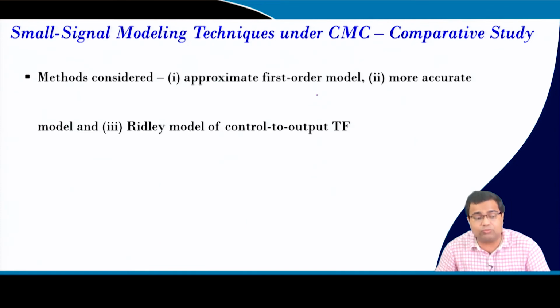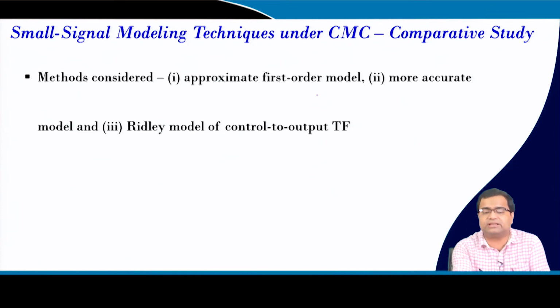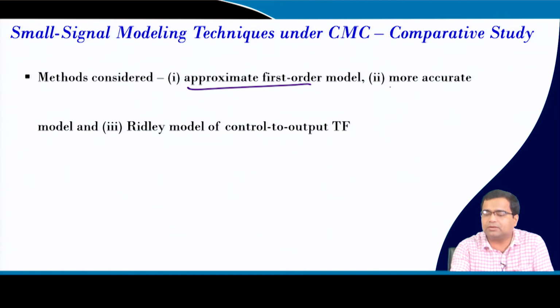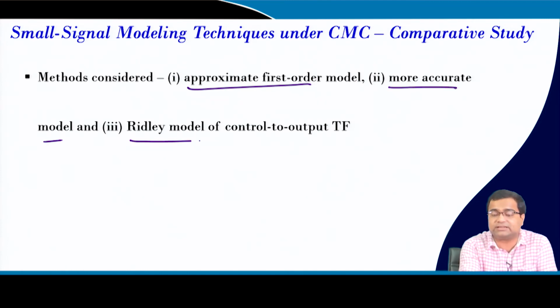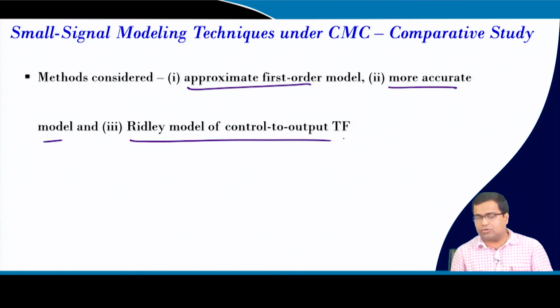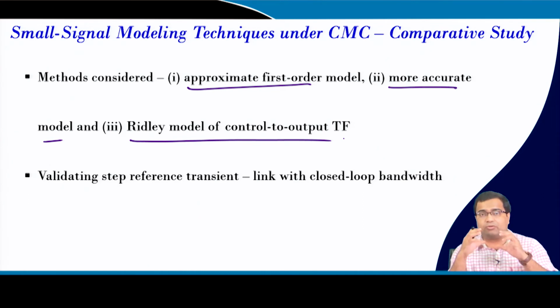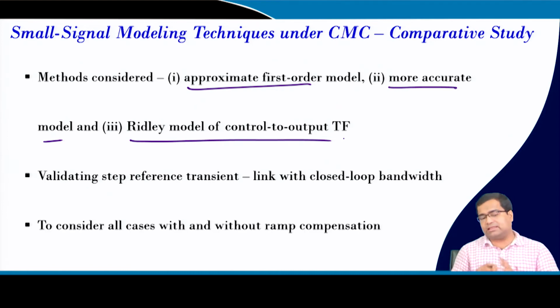That means we want to do a comparative study using the approximate first order model, the more accurate model, as well as the Ridley model for getting the control to output transfer function. Then we want to validate using the reference transient, which is linked with the closed loop bandwidth, and consider with and without ramp compensation using a Matlab case study.